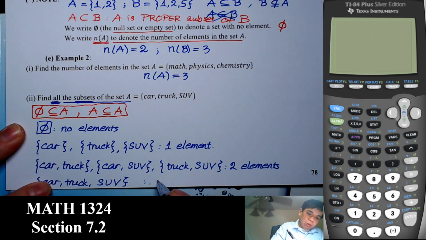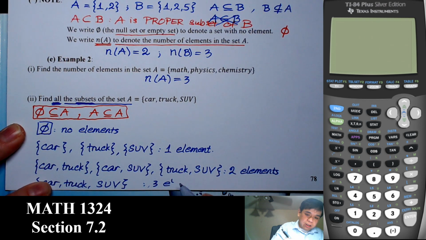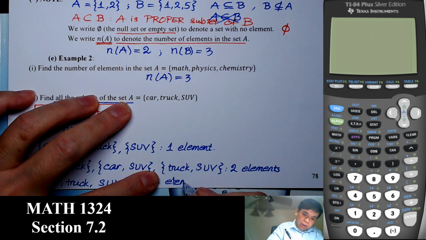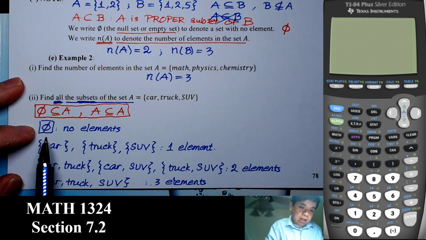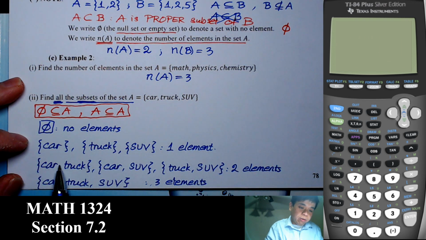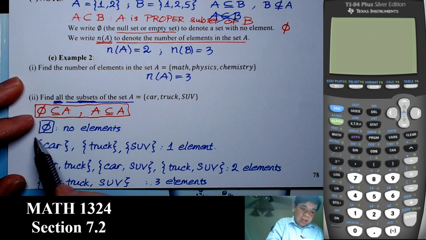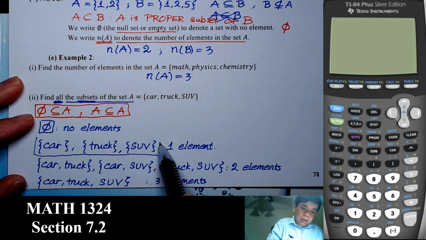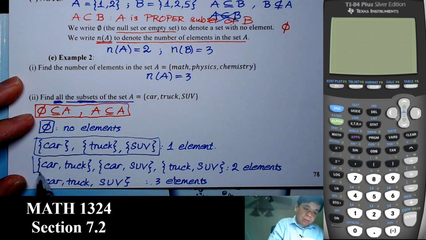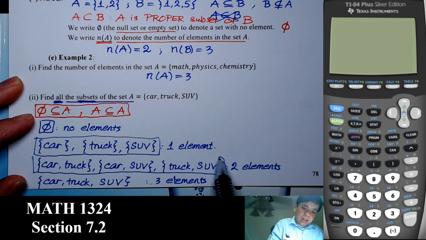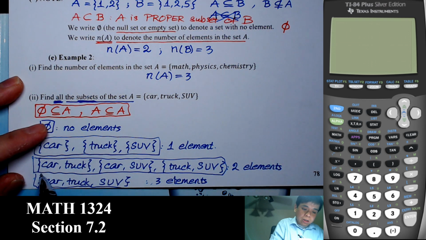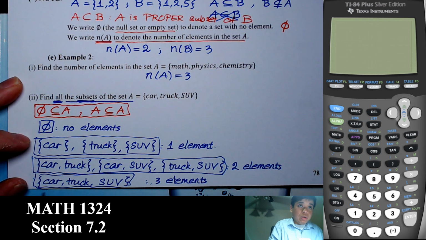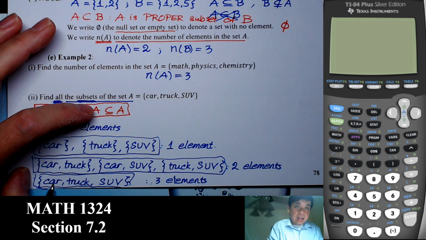This set has 3 elements. So we have the answer for this is 1, 2, 3, 4, 5, 6, 7, 8. Those are the subsets of A. Of course, you see, this last one is just the set A itself.